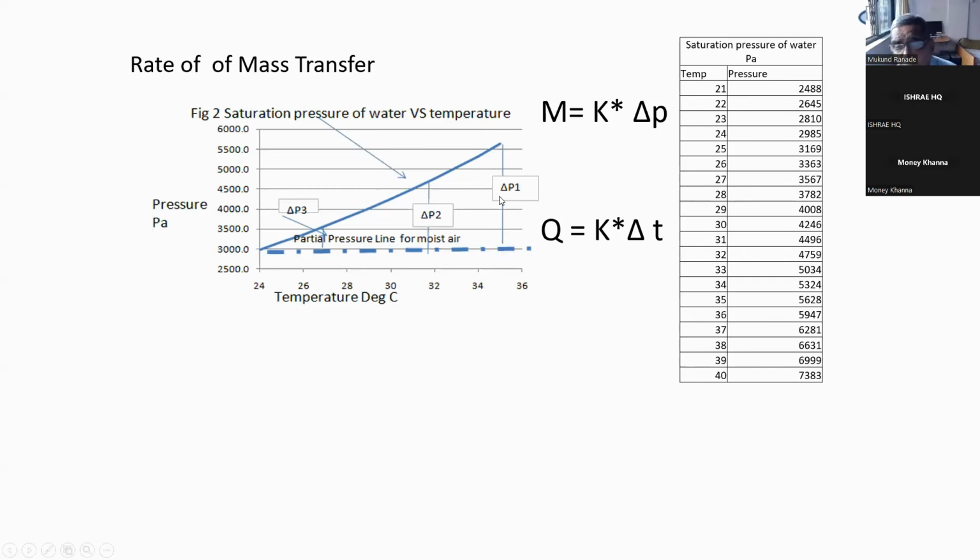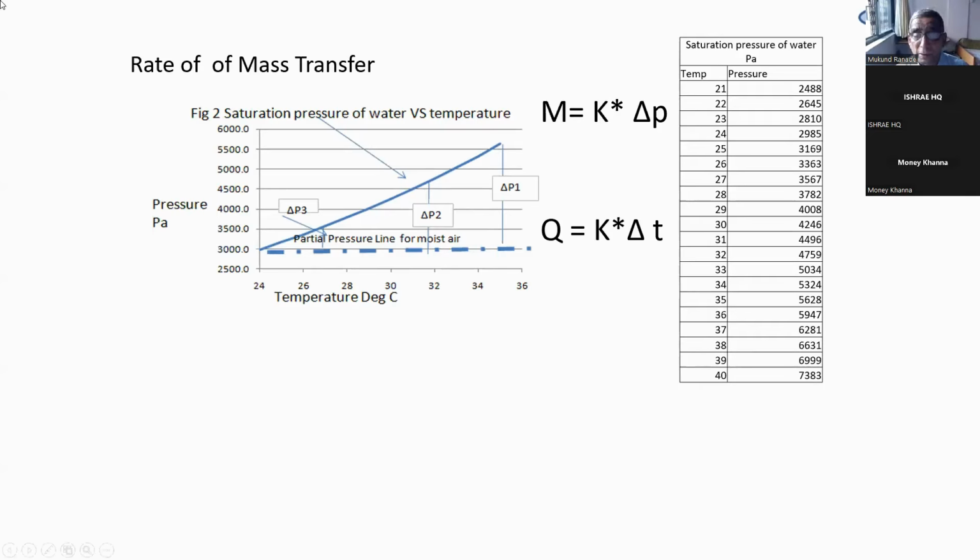Now what happens? As the moisture transfer starts, the temperature of the wick starts going down. So the temperature of the wick will start going down from right to left. So let us say we come to delta P2, where the temperature of the water has now dropped to 31 degrees centigrade, because the moisture has evaporated and the latent heat for the moisture has been taken from the wick itself.